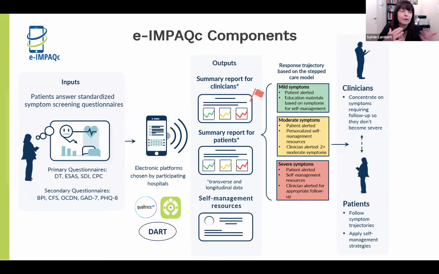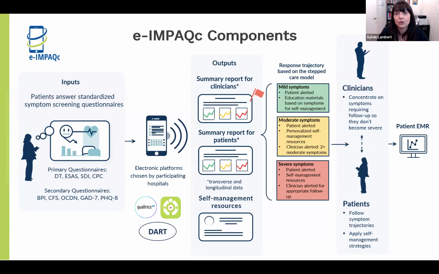And so we hope that by the patient having a report, the main mechanism of action is again this communication pillar. Because the patients have their data, clinicians have the data, we hope that then there's better communication, better clinical follow-up, and better symptom management.